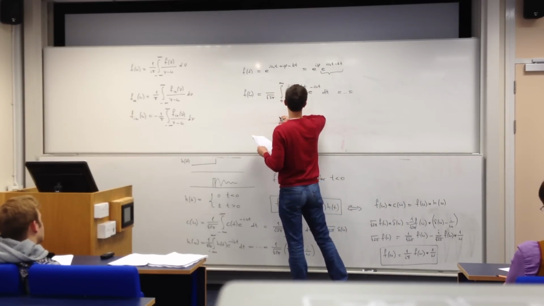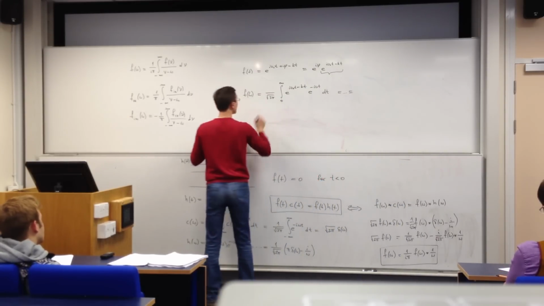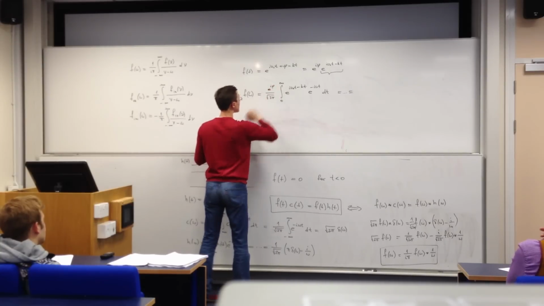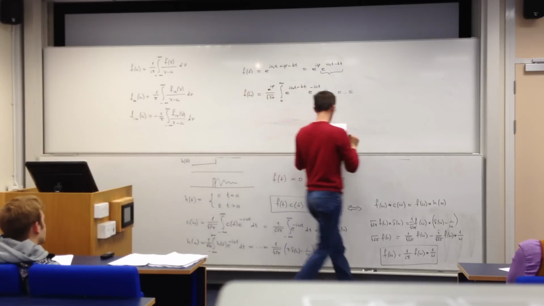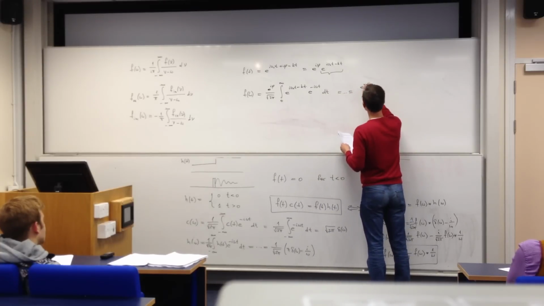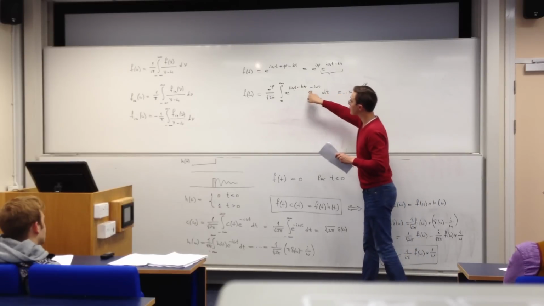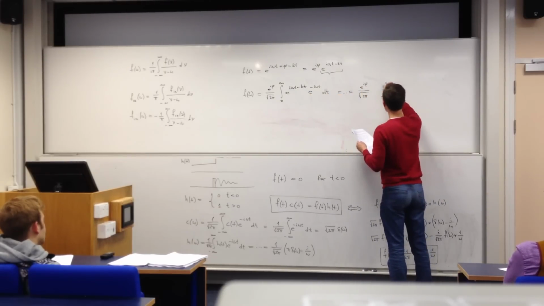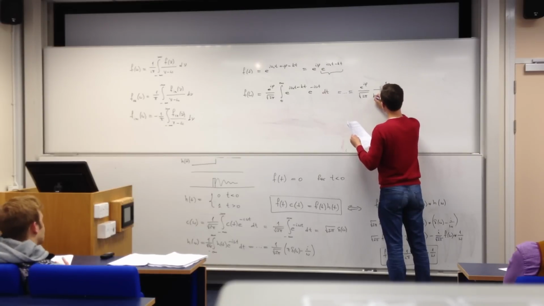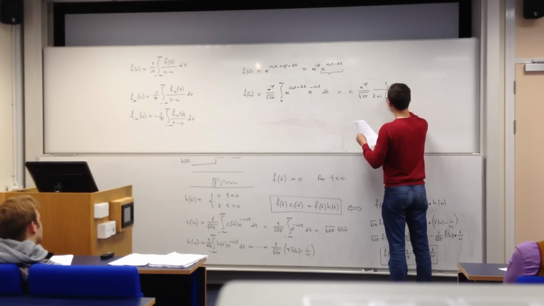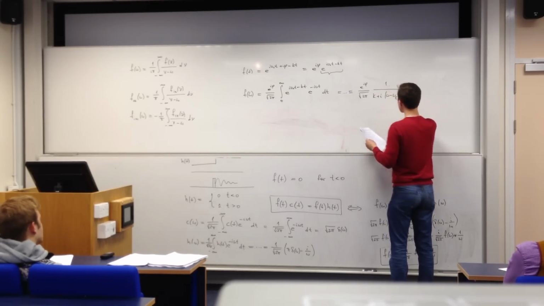It doesn't depend on our integration variable because it's constant. So we inherit the phase term e^(iφ). We inherit the root 2π. But what we get is 1 over the total index of this exponential. So 1 over k plus i(ω minus ω0).